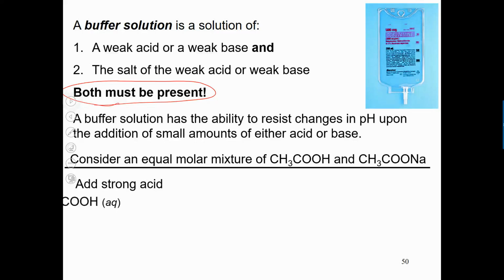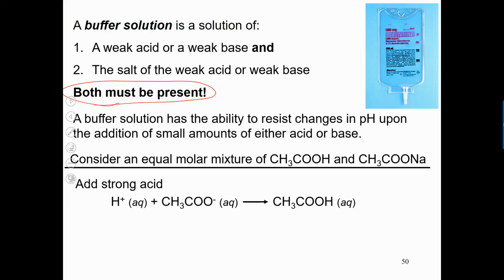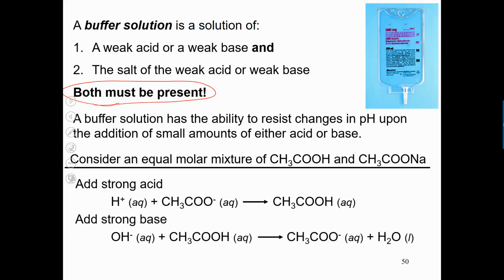Okay, so here's acetic acid and sodium acetate. If I have a buffer of acetic acid and sodium acetate, do you recognize which one's the acid and which one's the base? This one's the acid, this one is the base. This is a spectator ion, sodium.